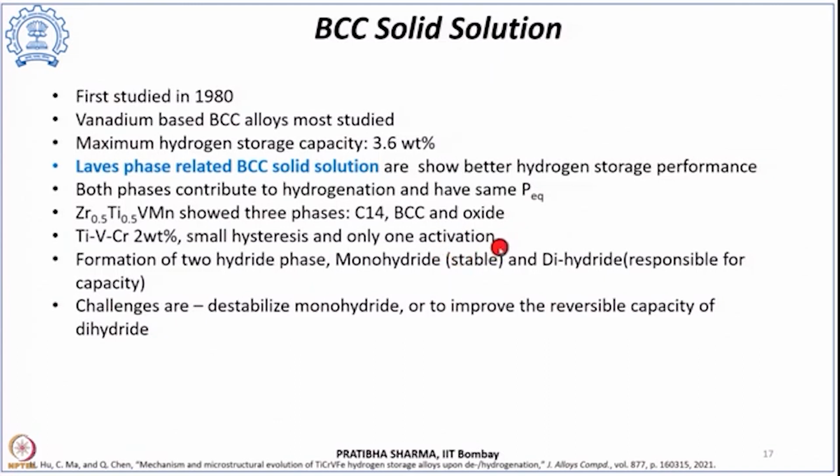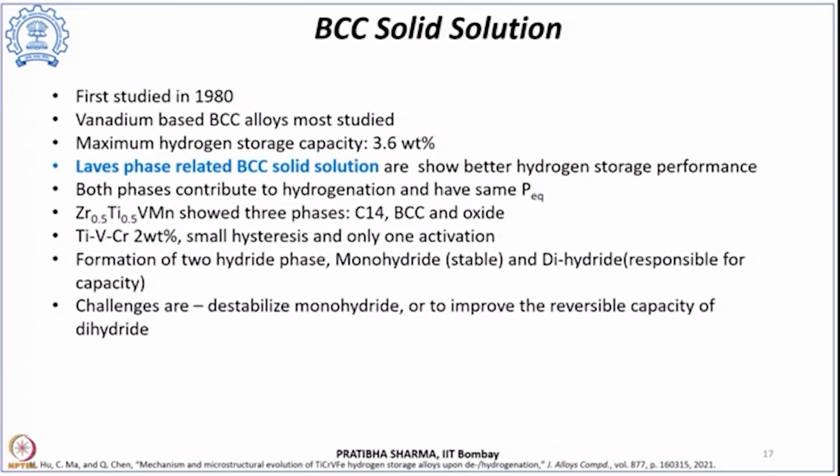But the major disadvantage with these types of solid solution alloys is that they form 2 different hydride phases. There is a monohydride phase which is much more stable, and then there is a dihydride phase, which is the one responsible for giving the required hydrogen storage capacity.